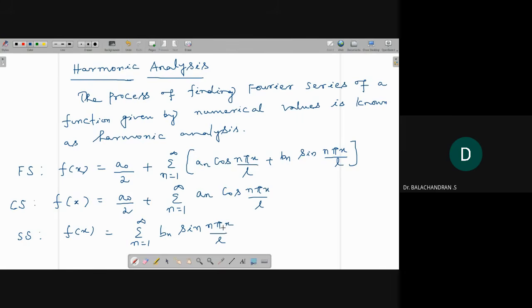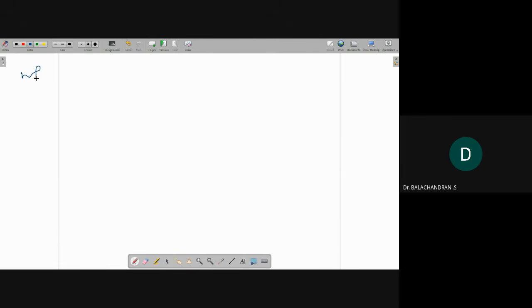Now I will tell what is a naught, what is a n and what is b n. a naught is equal to 2 times the mean value of y equal to f of x in the interval c comma c plus 2l if it is a Fourier series, or, if it is a half range sine series or half range cosine series, c comma c plus l.